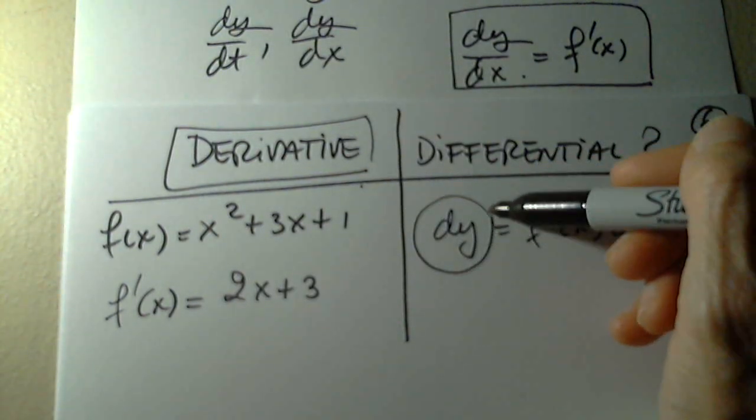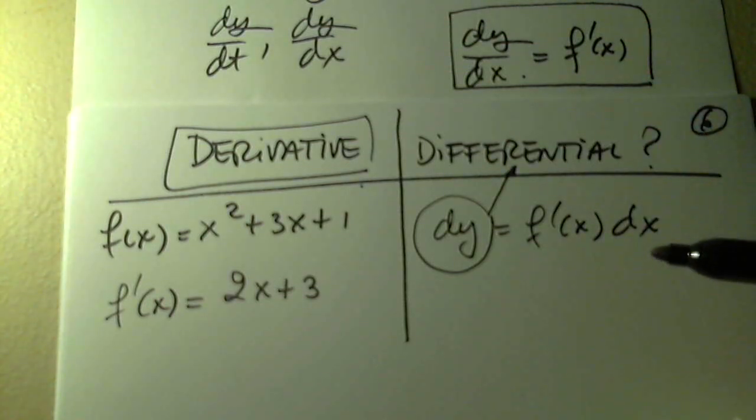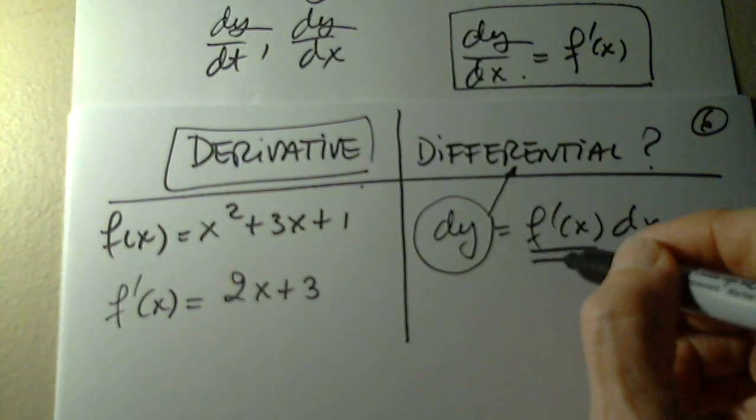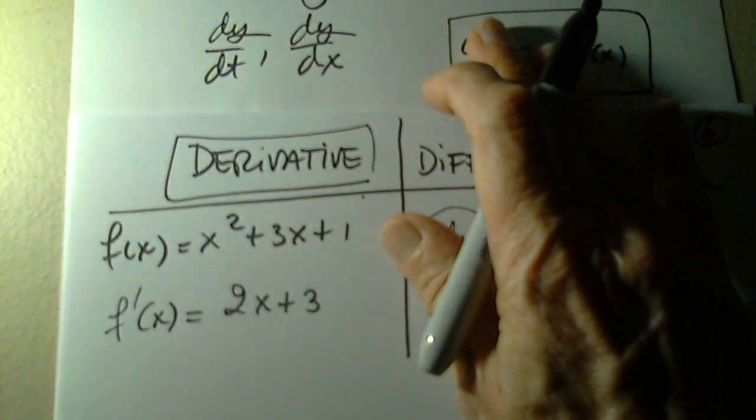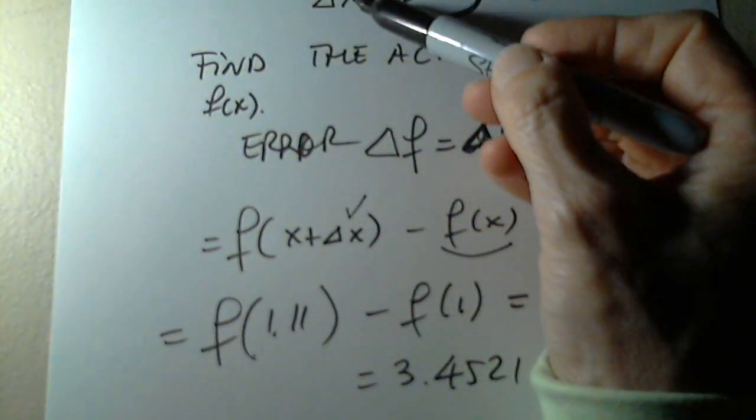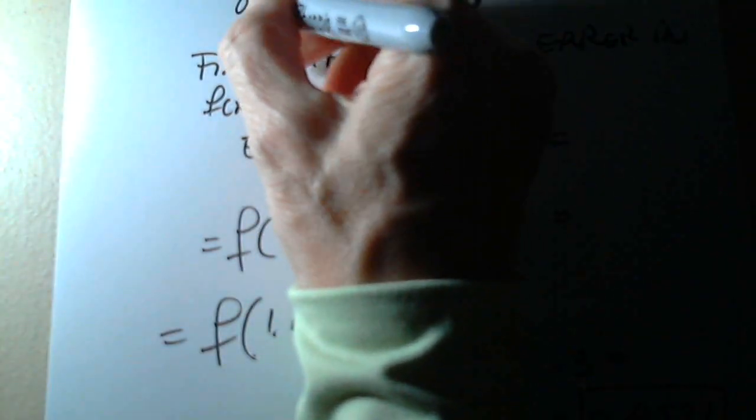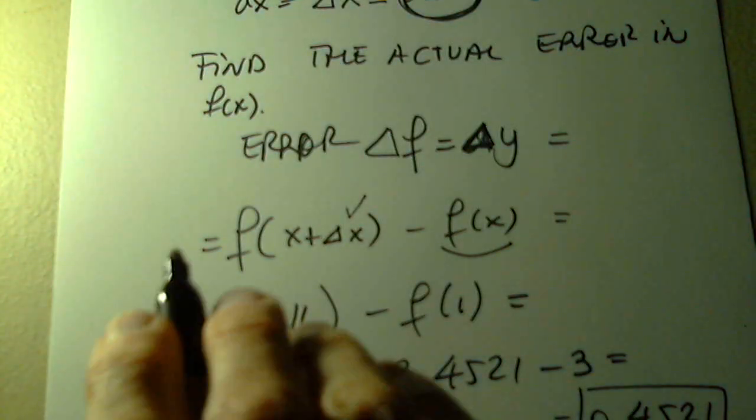This is what we call the differential. It's not the derivative. It's the derivative multiplied by delta x, and dx means the same thing: the error in x.